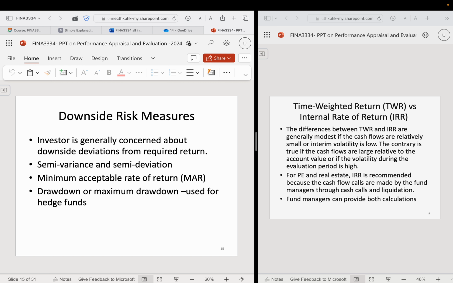That's why when you look at the performance figures, you have to look at, say for example, the average return and the total return for the last 5 years. It's no good on that alone.